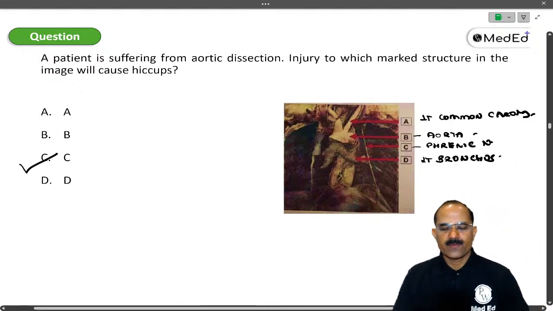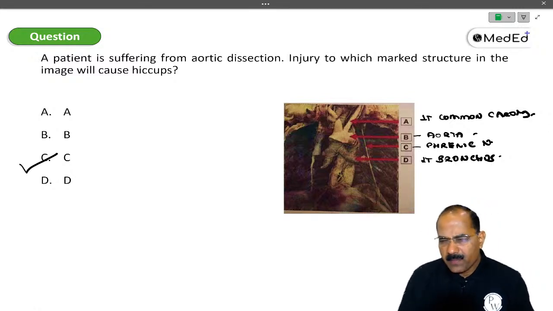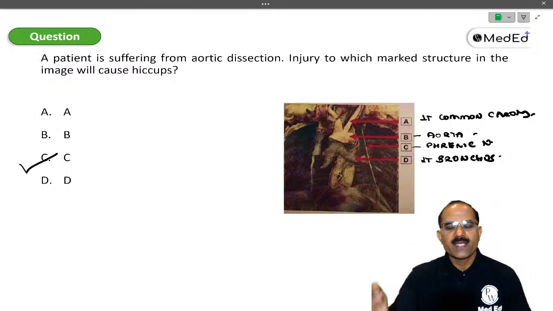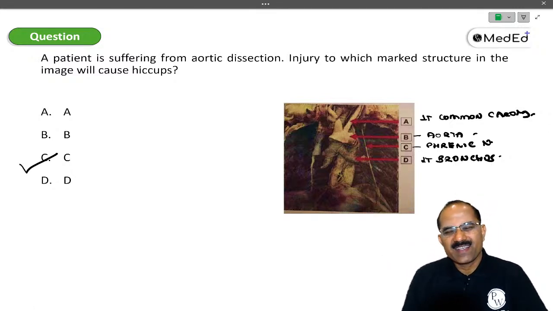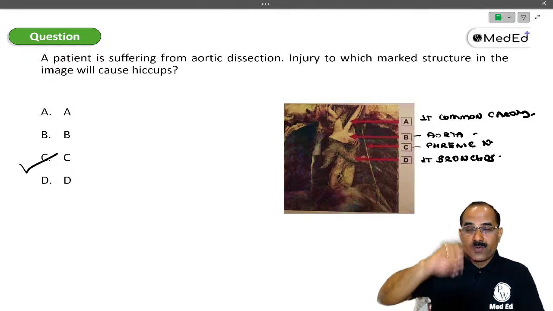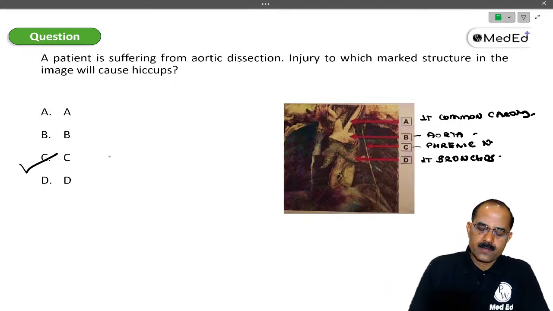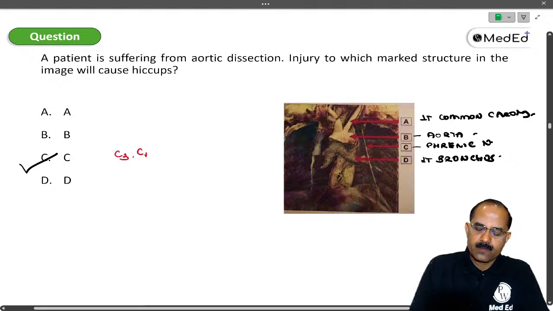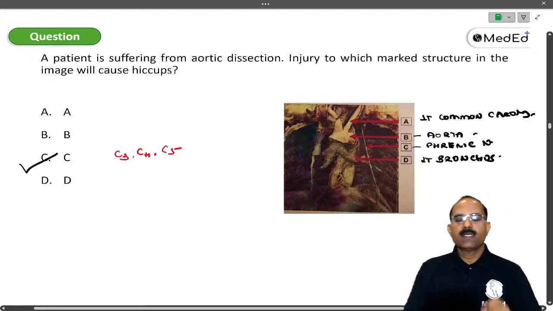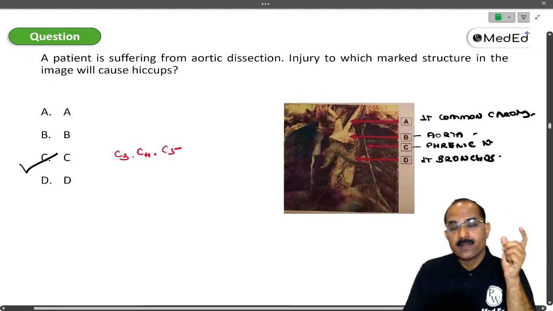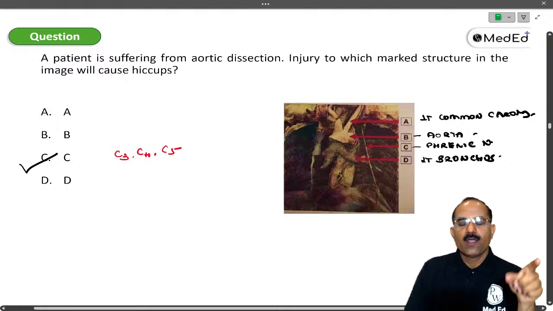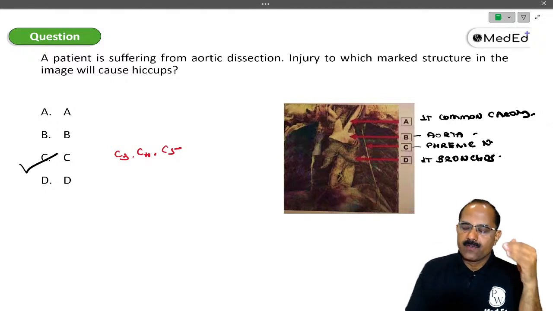C is phrenic nerve. But can anyone tell me what is the root value of phrenic nerve? Any guesses? C3, C4, C5. हाँ, ये याद रखना. This comes in MCQs. Root value of phrenic nerve is C3, C4, C5.